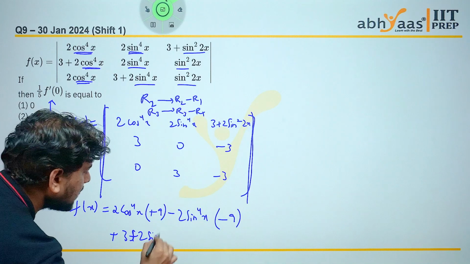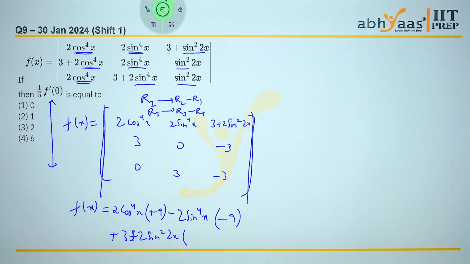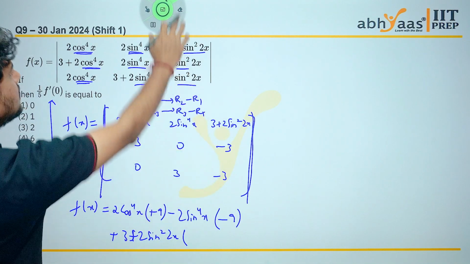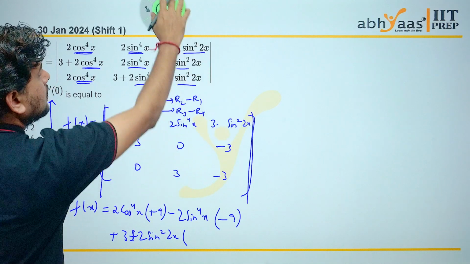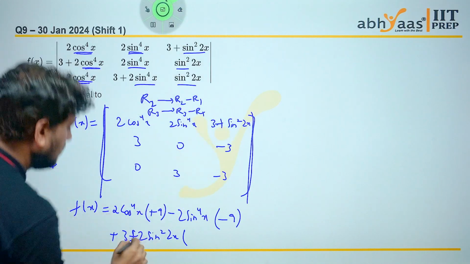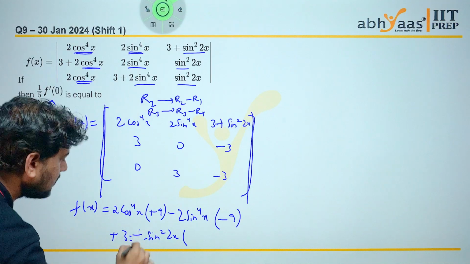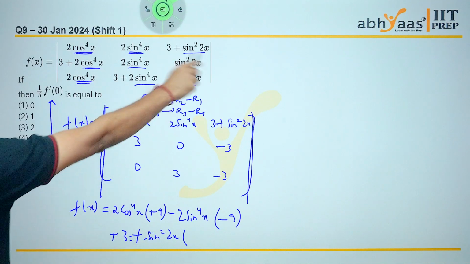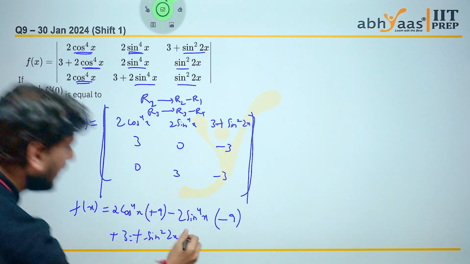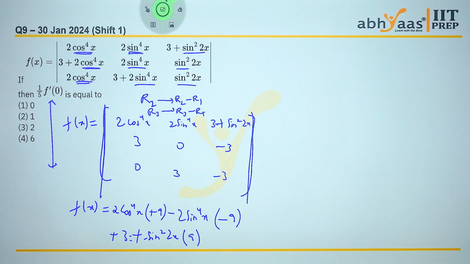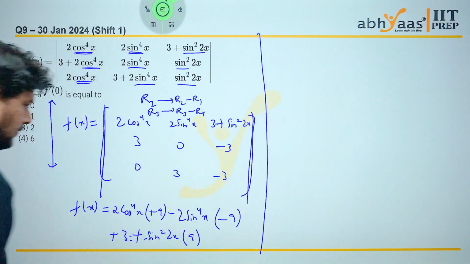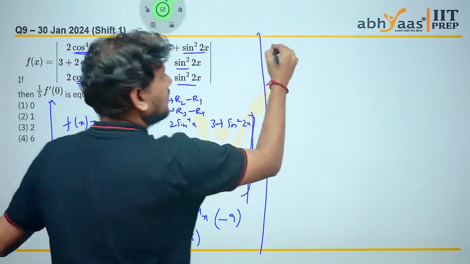3 plus 2 sin square 2x. No, 3 plus sin square 2x. 3 plus sin square 2x into 9. So we will get f of x as 18.